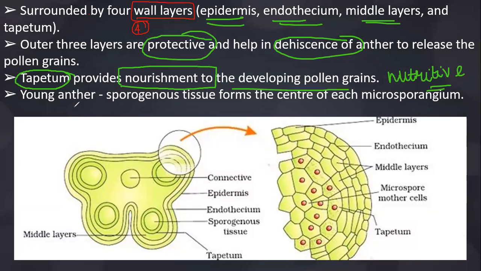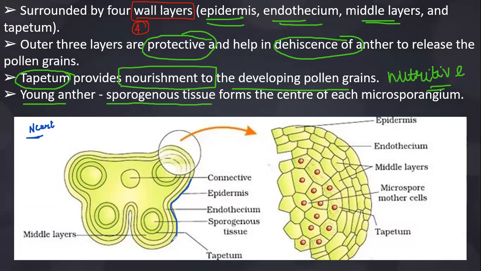So inside the tapetum, you will have the young anther developing a sporogenous tissue inside the microsporangium. I'll show you the diagram for that very clearly. Look at the diagram. This diagram is clearly mentioned in your NCERT. Is that clear? I'll be drawing with different colors.